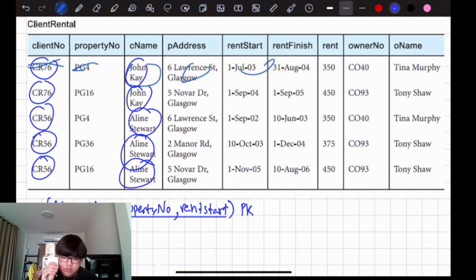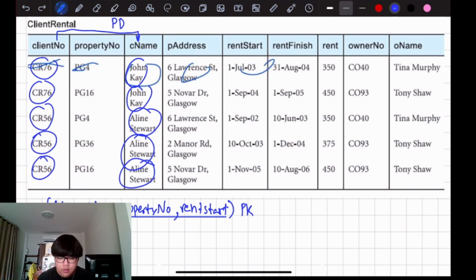CR7 can tell John, CR56 can tell Alice, so this is a partial dependent. Soleno can tell period date, but CR56 has two values, so it's not a partial dependent.